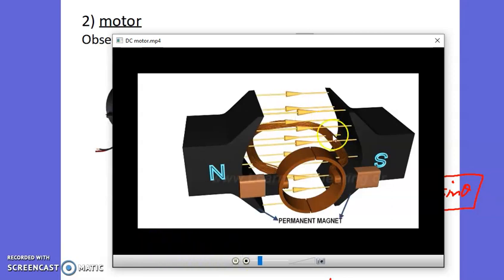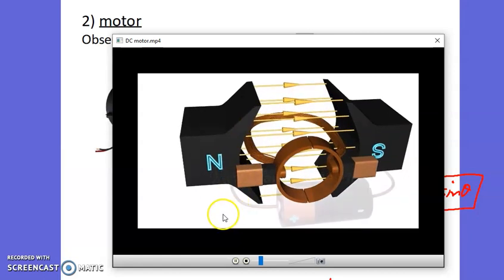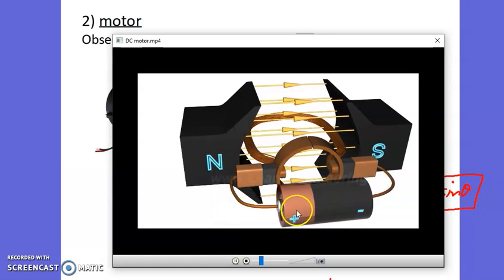You see, this is uniform magnetic field B. Here is the external DC battery, DC generator. Now, the battery will send a direct current.